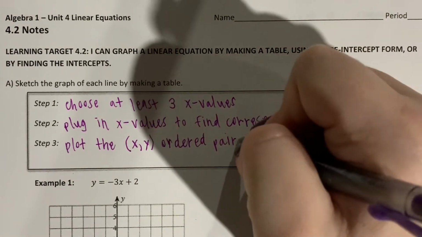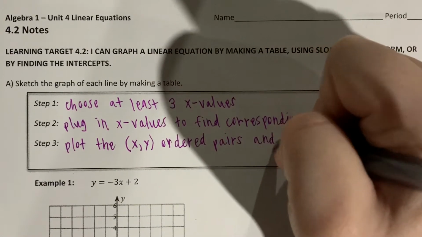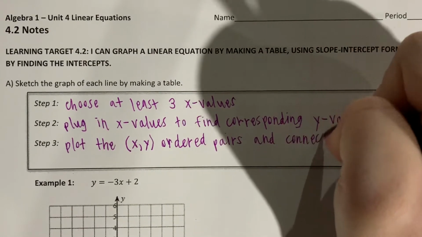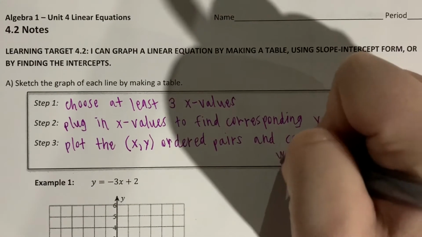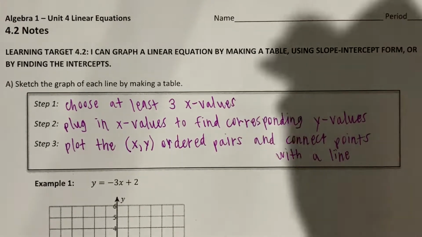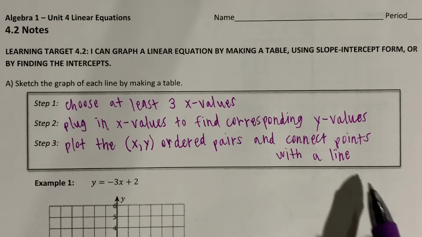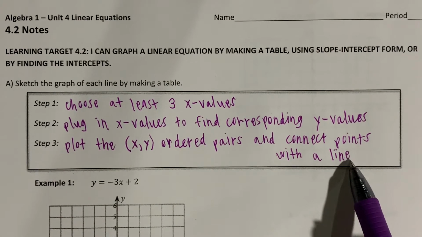I will say plot the X comma Y ordered pairs and connect points with a line. So we are trying to graph a line. Once we have some points on our graph, we will have to connect those points to form a straight line.